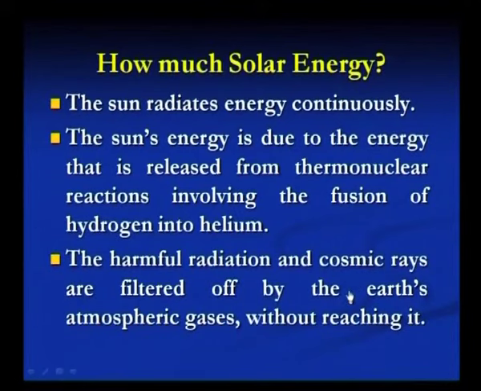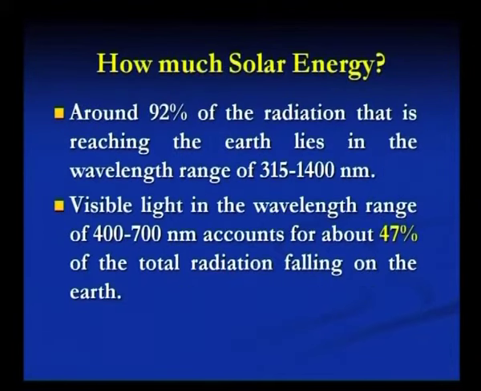The harmful and cosmic radiations are filtered off by the Earth's atmospheric gases without reaching the Earth. Around 92% of the radiation that reaches the Earth lies in the wavelength range of 315 to 1400 nanometers.